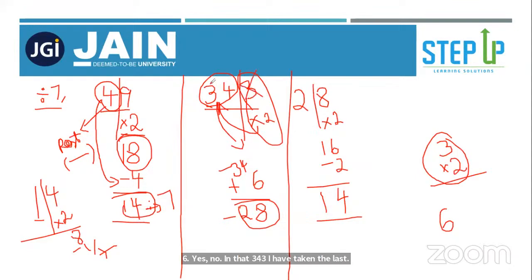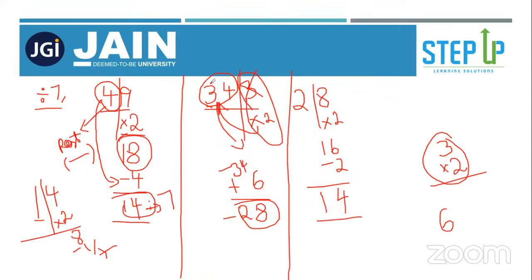Now, in that 343, I have taken the last number. What is the rest of the number? In 343, I have taken 3. What is the rest of the number? 34.